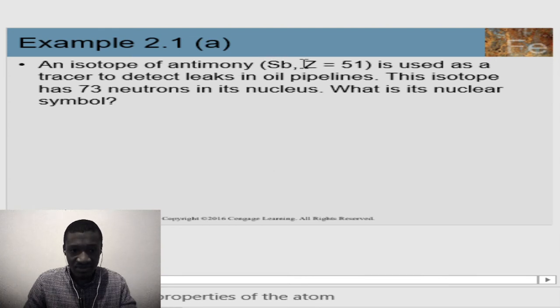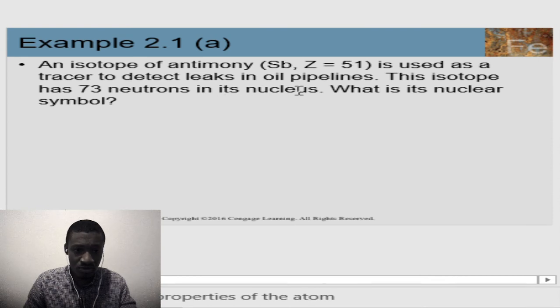Its atomic number is 51, and it's used as a tracer to detect leaks in oil pipelines. So if there are leaks, the antimony is what is going to be used to detect it. So this isotope has 73 neutrons in its nucleus.